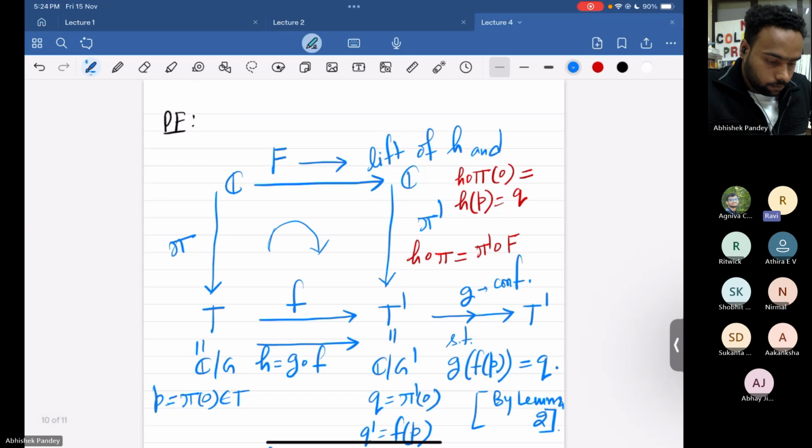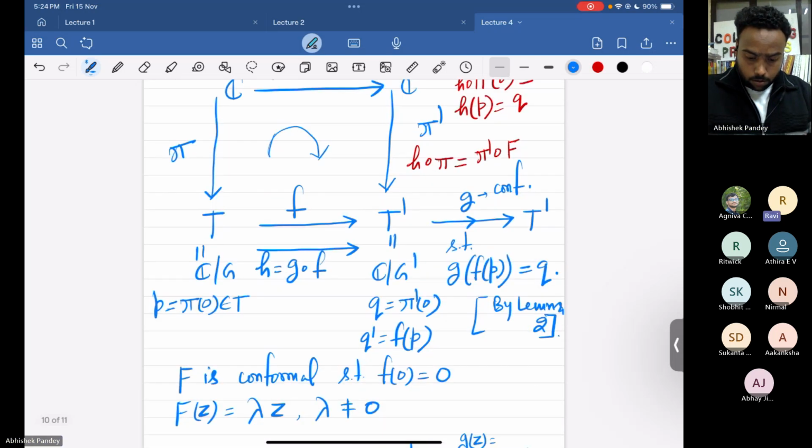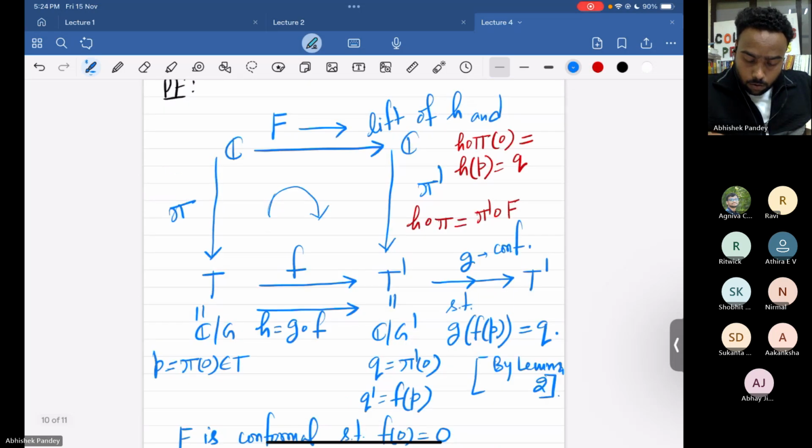If you go here, you have done that pi prime of capital F of 0 is q. So that means F0 will belong to pi prime inverse of 0, which may have many choices, right?